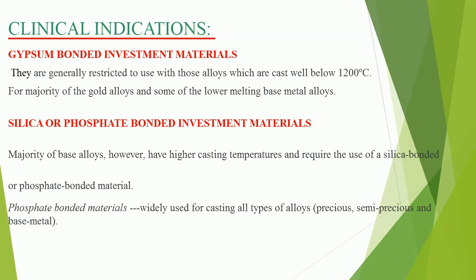Silica or phosphate bonded investment materials are basically used where we have to cast the base metal alloys because of their high casting temperature, so in that case we either use silica bonded or phosphate. Phosphate bonded materials may be used for all types of alloys, either precious, semi-precious, or base metal alloys.